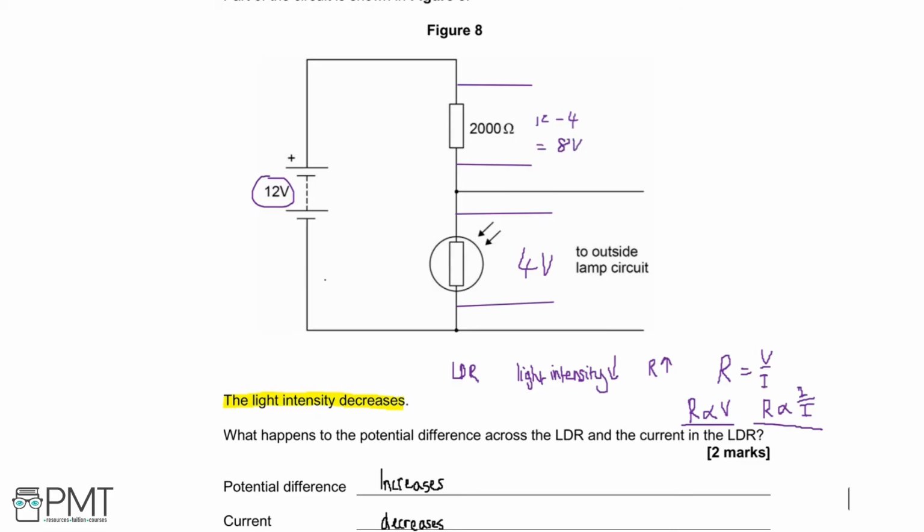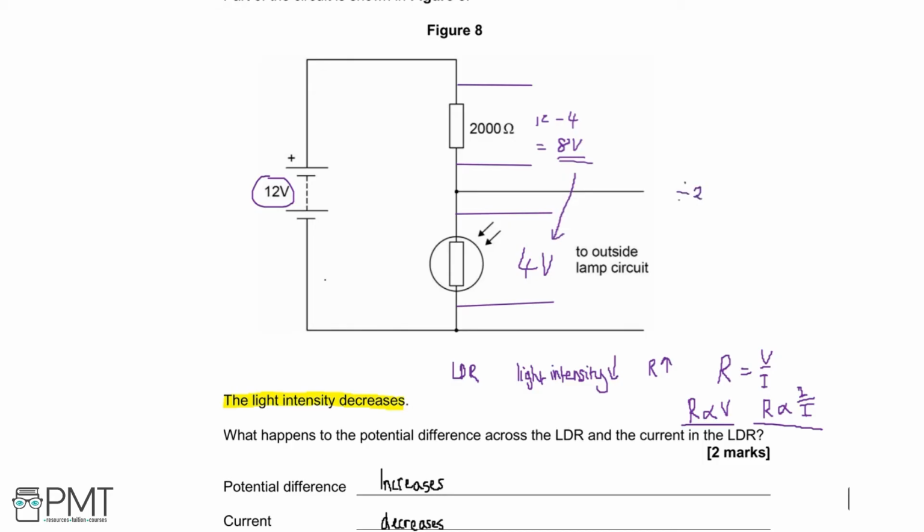What we've already worked out is that the resistance and the voltage are proportional to each other. So if this component here has 8 volts across it and a resistance of 2000 ohms, what we've done to get from 8 volts to 4 volts is divided by 2.